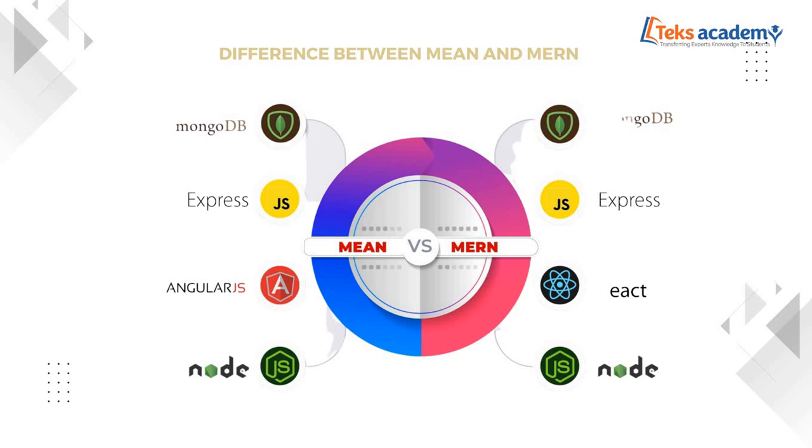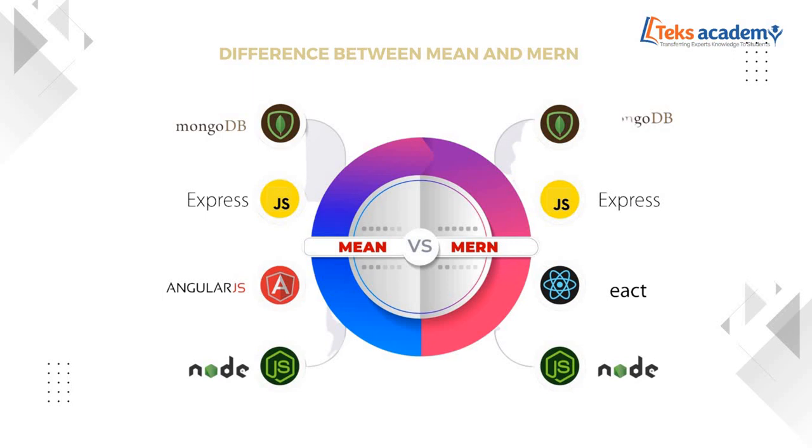So let's move to the differences between MERN and MEAN. MEAN is a combination where, in the front end, we are using AngularJS. The applications developed with AngularJS and with React.js are similar.